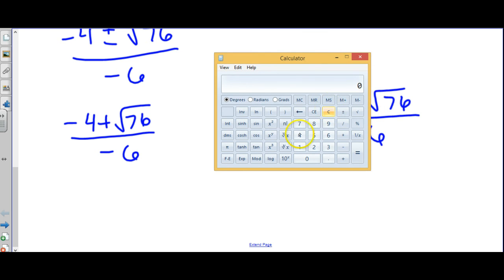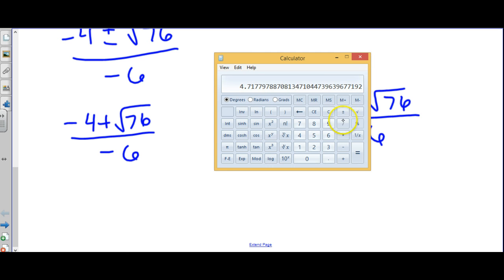So we have 4, which I have to make negative, plus, now on this particular calculator, I'm going to have to hit the 76 first, then the square root symbol. Every calculator may be a little bit different. So 76, and I want to do the square root of 76, which is right here. Then I'm going to hit equals to do that addition.